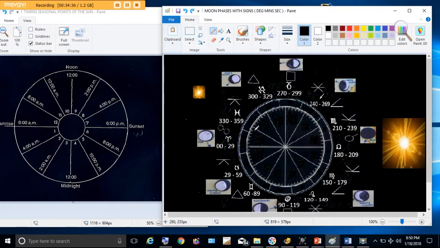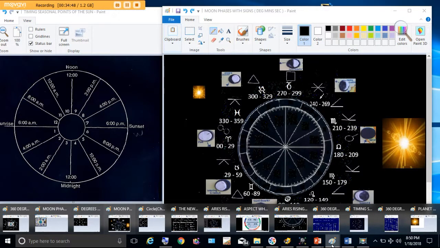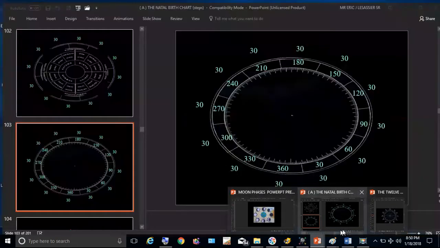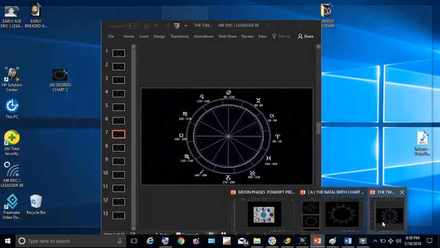So it reaches 29. Then, when the next sign rises, let's see if I can bring that up again. No, it's not going to do it for me. It will do it for me on here. Right, where is it? Right there.